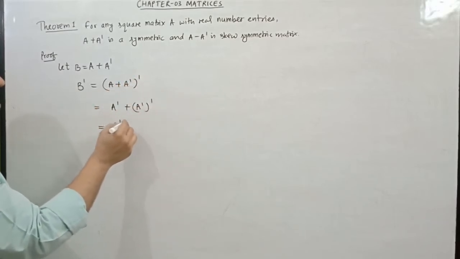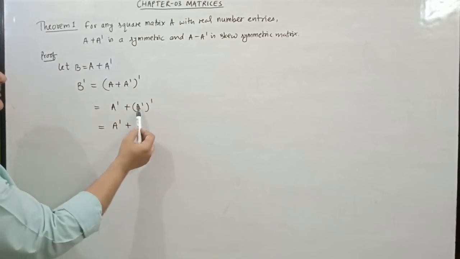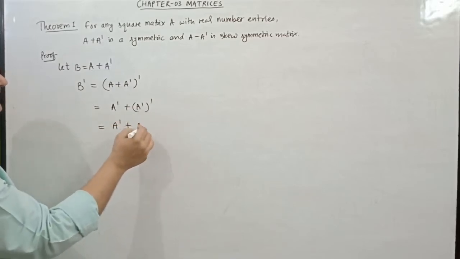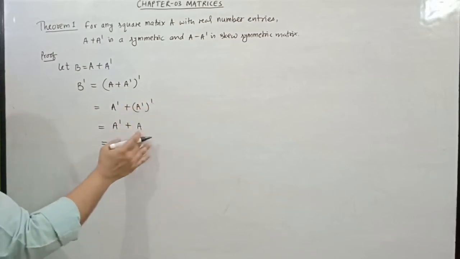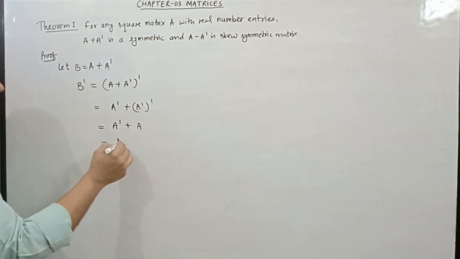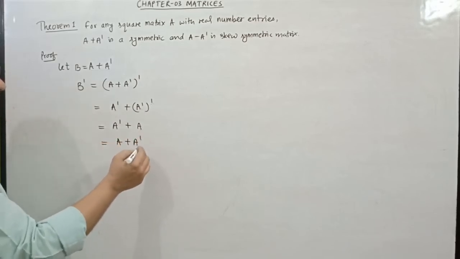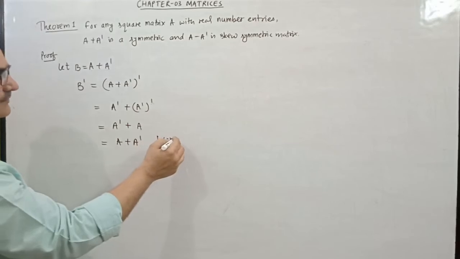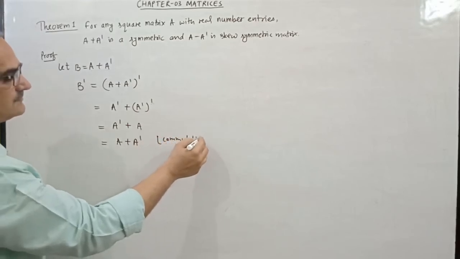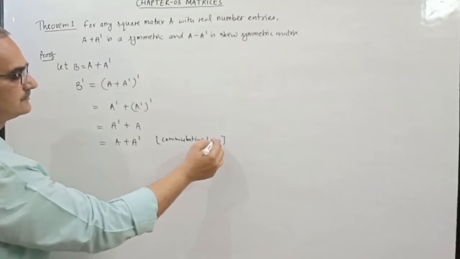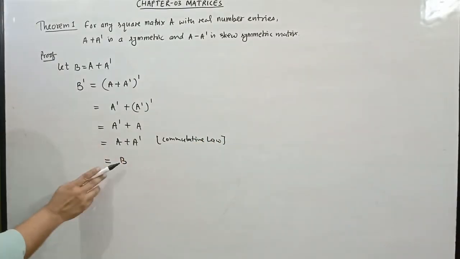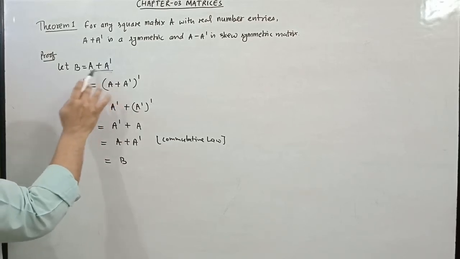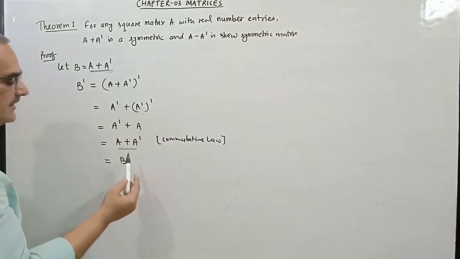Now A dash will remain as it is, and you have seen that the double transpose of a matrix is matrix A again, so A double dash is A. Now matrix addition is commutative, that we have seen in the property, so we can write this as A plus A dash. This is the commutative law of addition, and this is equal to B. So what we are saying is that B dash is equal to B, that is, the transpose of A plus A dash is equal to A plus A dash.